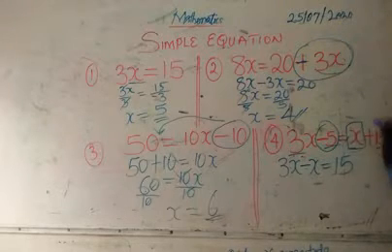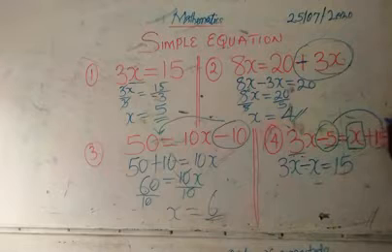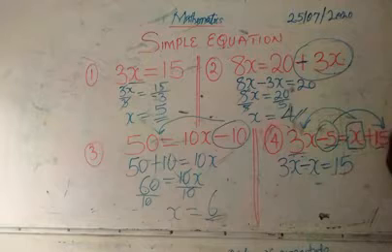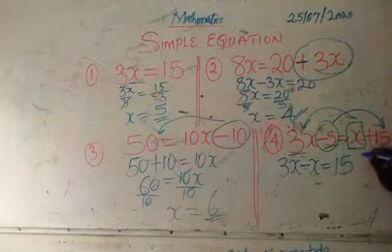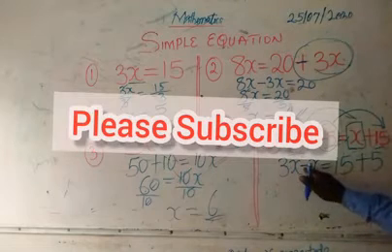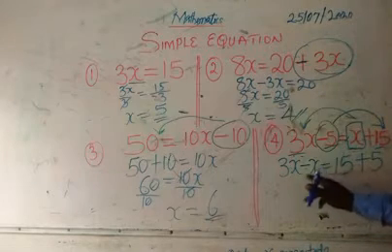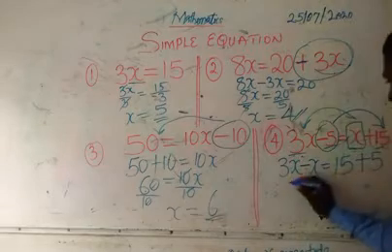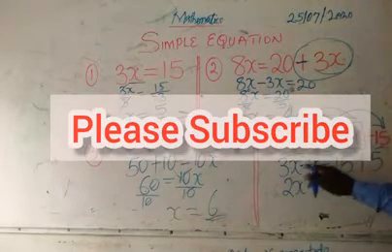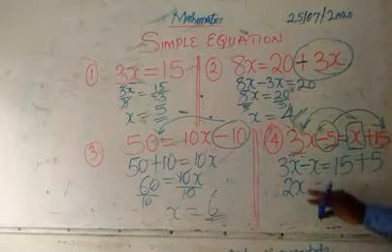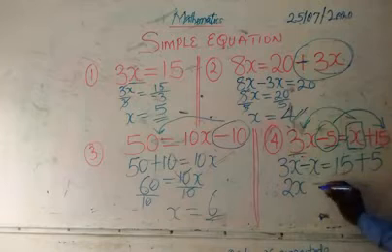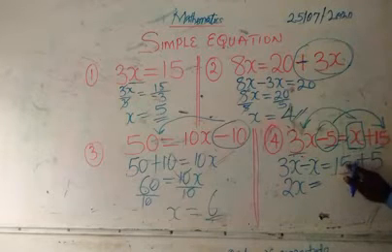As it's crossing, it's going to change to positive 5. 3x minus 1x, or minus x, is the same thing as 2x, which is equal to 15 plus 5.